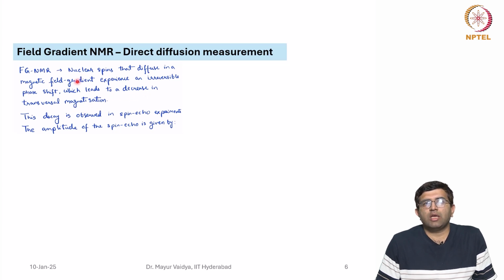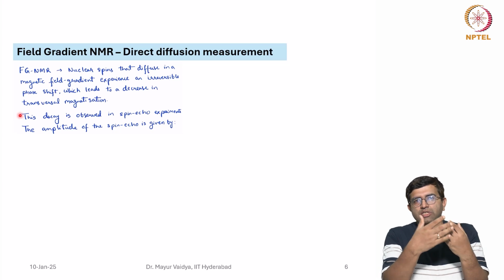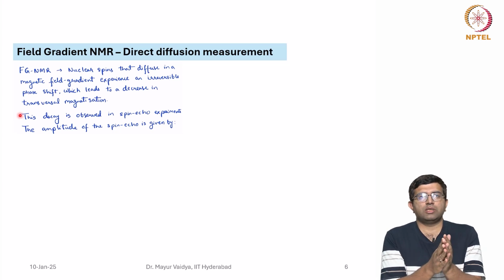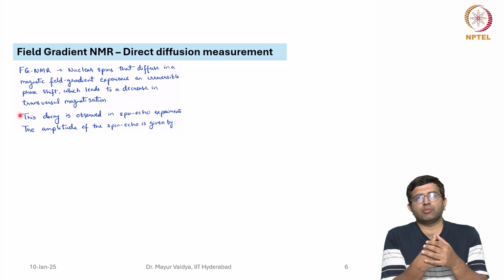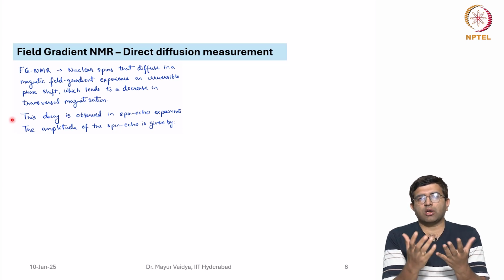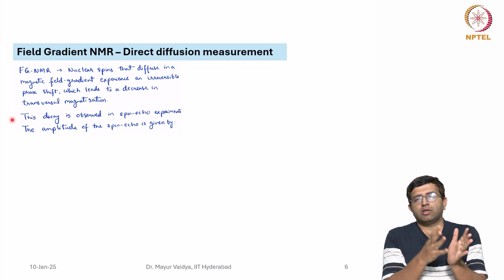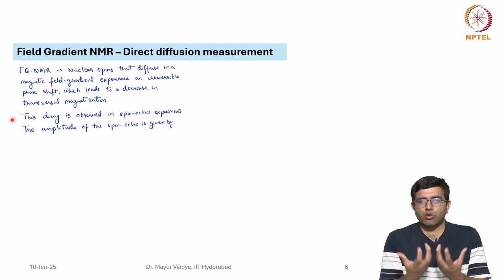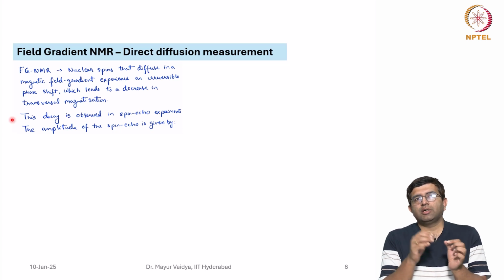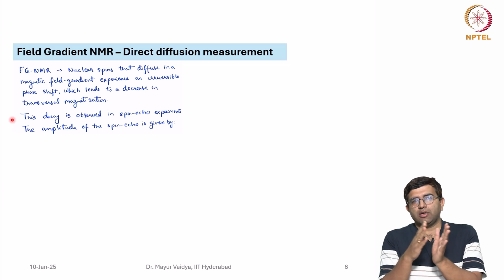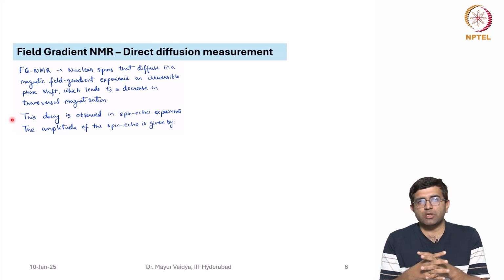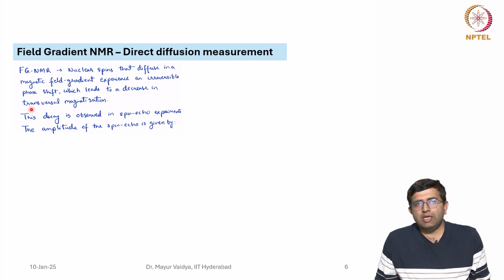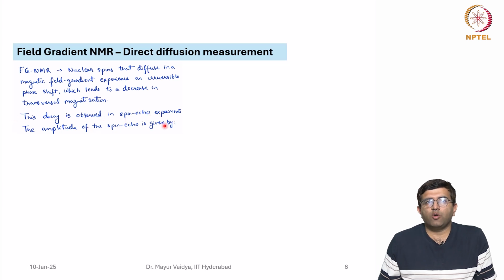Just before this slide, we saw that there is a magnetization when your nuclear spins are present in the magnetic field. Now, if diffusion is also happening, then the magnetization is decreased. This decay is observed in a spin-echo experiment.